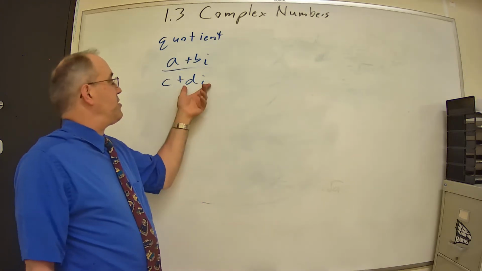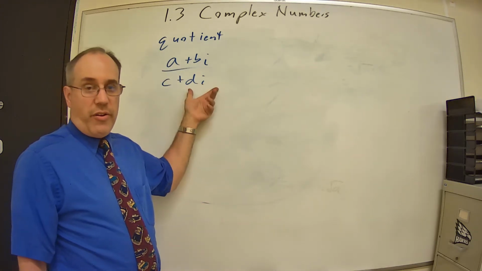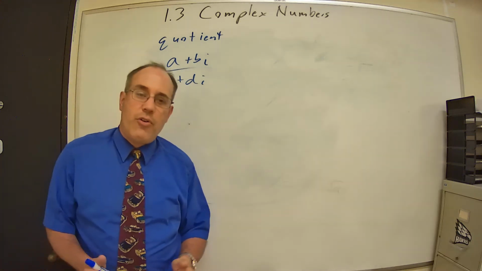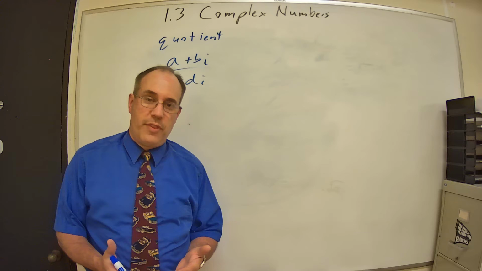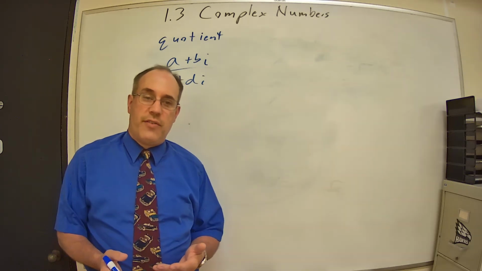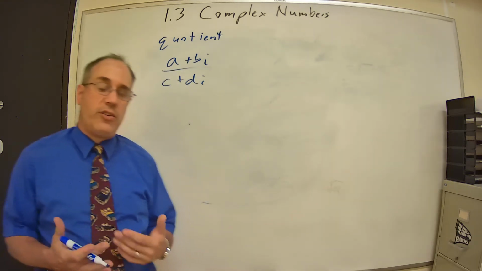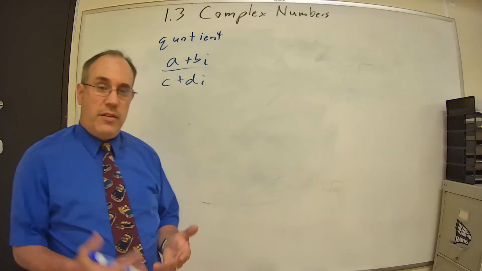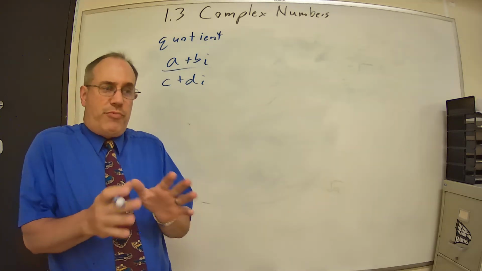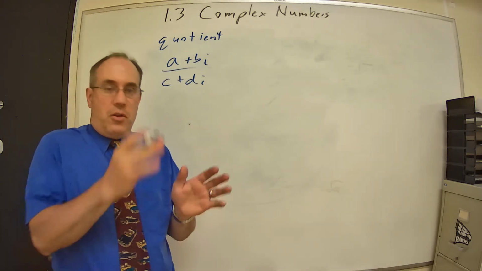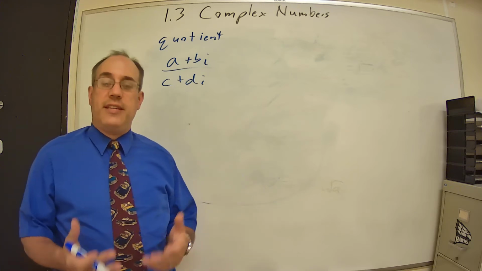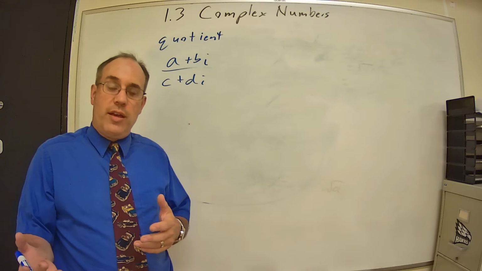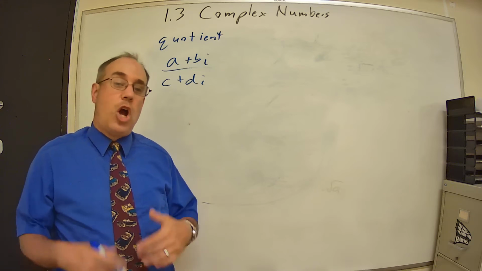But I see this oddball i in here, and I start thinking of rationalizing denominators. And the reason I start thinking of that is, remember when you had a radical in the denominator, or call it a complex radical, a plus the square root of b. Then what we did to get rid of that radical was we multiplied by its conjugate.